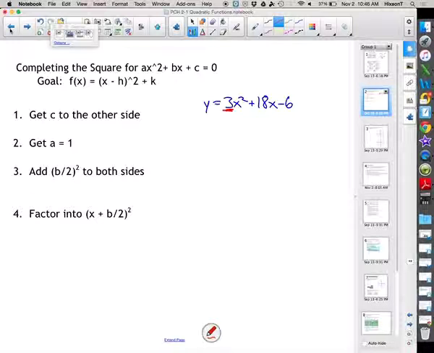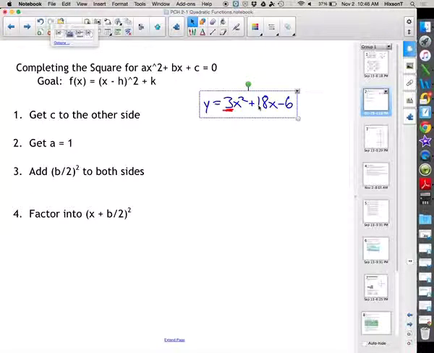Okay? So I'm actually going to create a copy of this, and we'll do it 2 slightly different ways. Now the way I have listed here the steps is the way I prefer. I think it's a little bit easier this way.